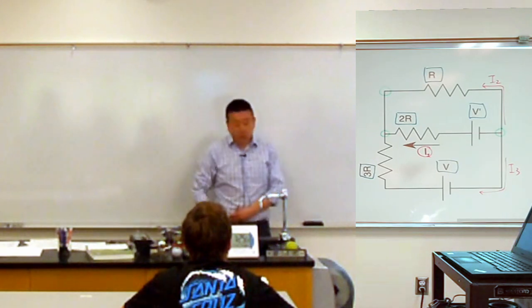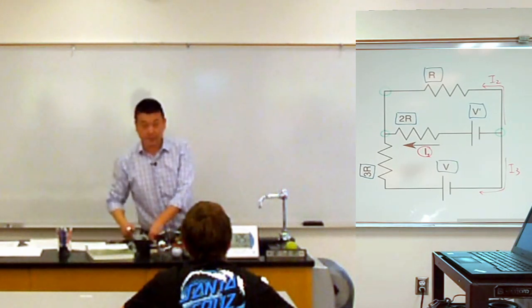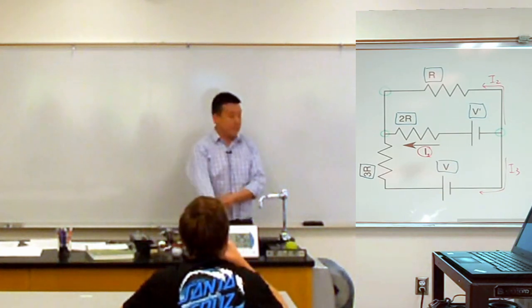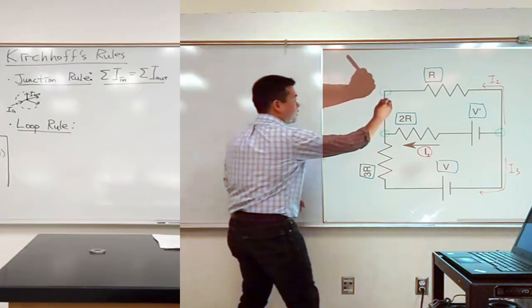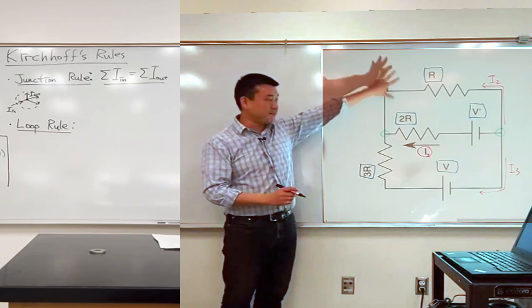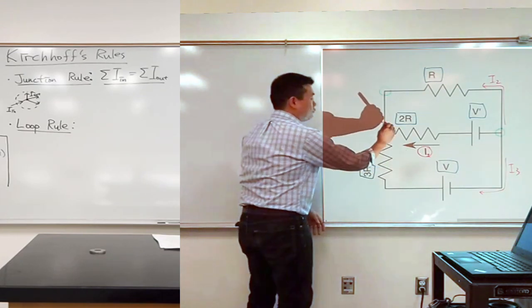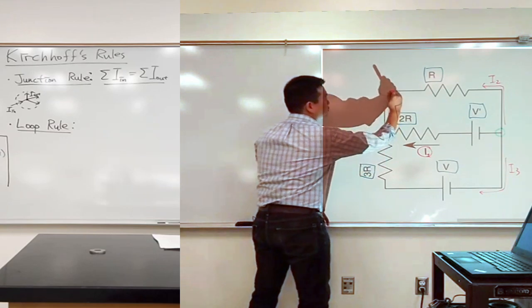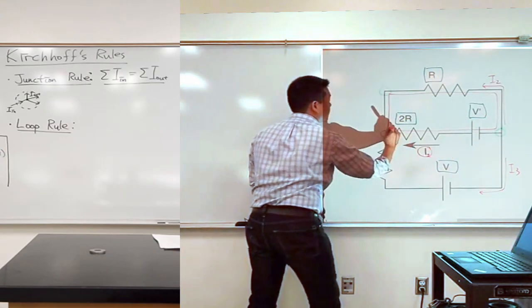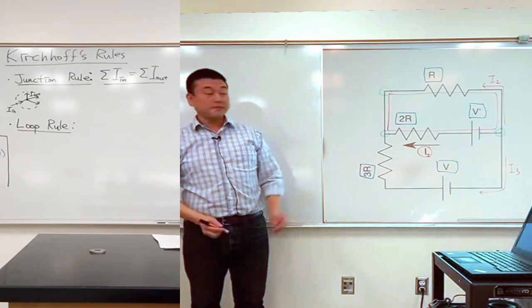All right, let me draw the 3 loops that some of you are thinking. There's at least 3 independent loops here. So there's 1 loop here. You imagine going in a loop, like imagine this is a road. You start at one point, take a little journey, go around, and come back to the same point that you started. That's 1 loop.